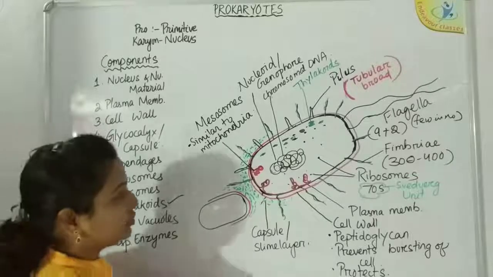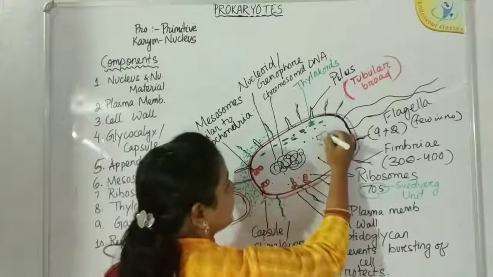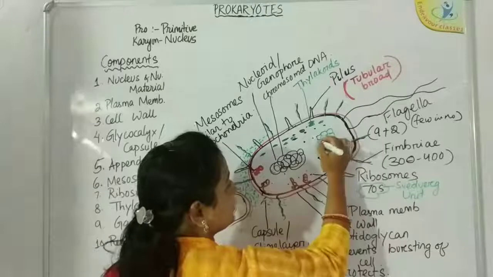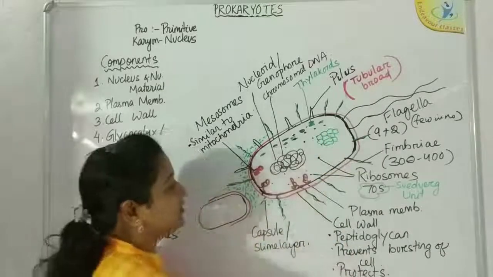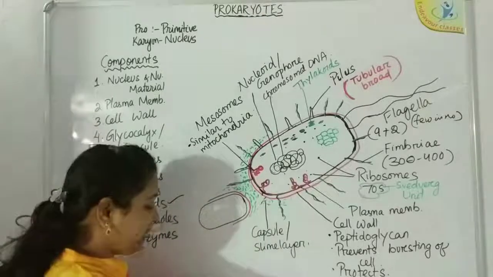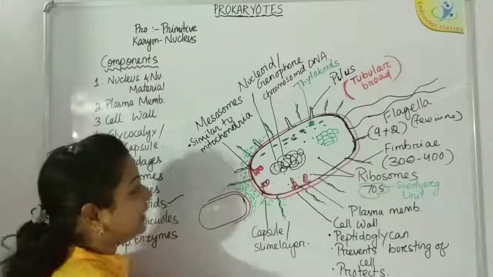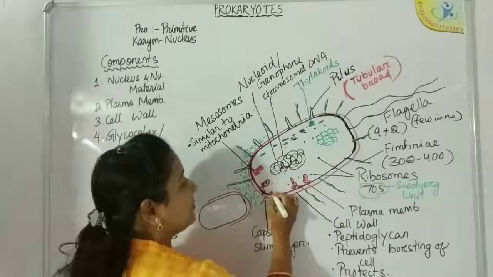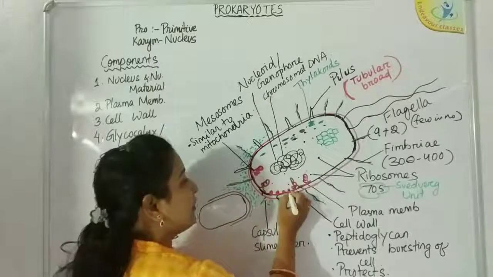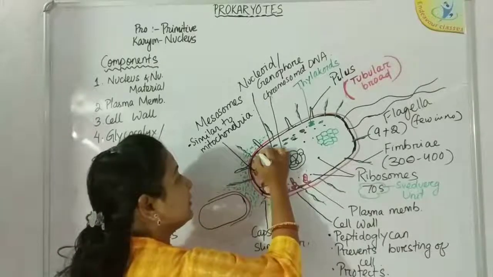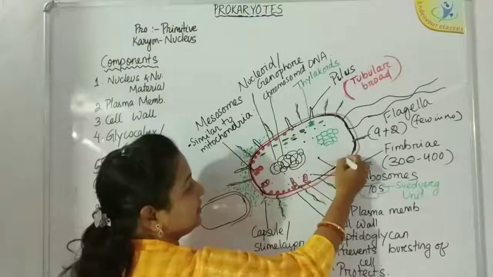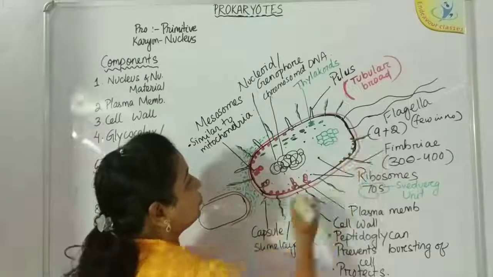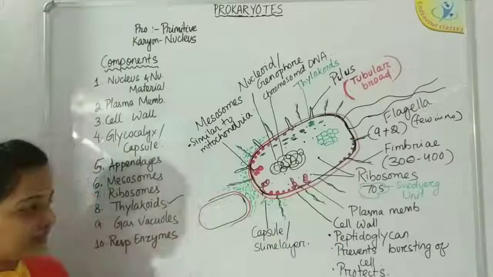Next, gas vacuoles are present. These are the gas vacuoles. Next, respiratory enzymes. Respiratory enzymes can be found on the surface of the plasma membrane, and also inside the mesosomes.